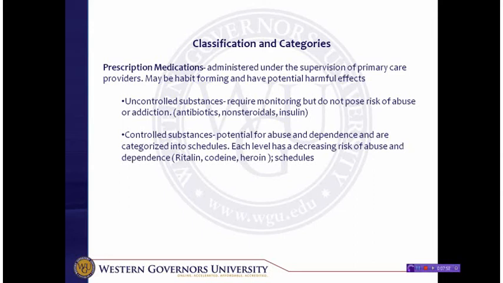A Schedule 4 is going to be something like a sedative or a hypnotic, something that potentially has risks for abuse but isn't quite as addictive based on its chemical makeup. And so it's not as high warning.